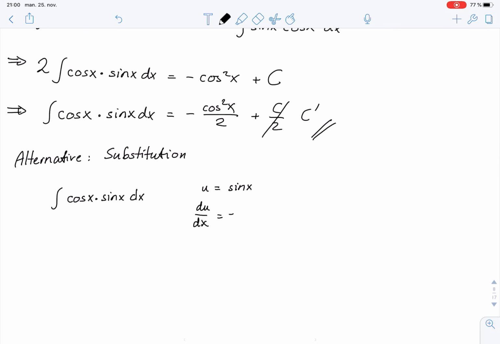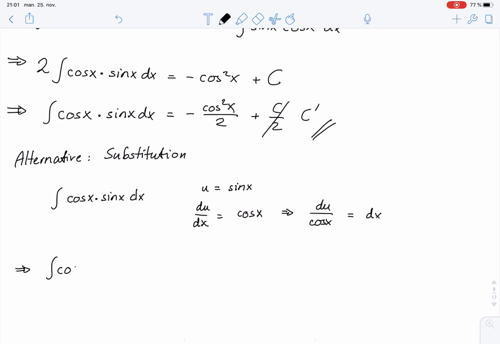Isn't that minus cosine? I need to check the formula sheet. If we have sine and we find a derivative of that, that's minus cosine. No, plus cosine. Okay. So, this will give us du over cosine x equal to dx.